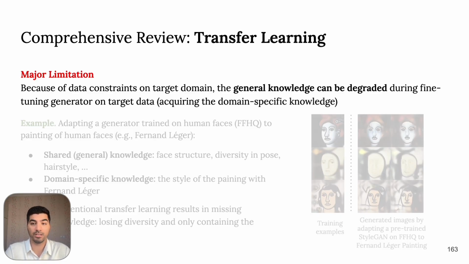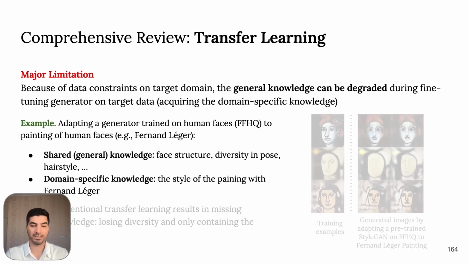The general knowledge can be degraded during fine-tuning because of overfitting. As an example, say we want to adapt a source generator trained on images of human faces, for example the FFHQ dataset, to paintings of human faces. In this scenario, what is the shared knowledge? Shared knowledge could be face structure, diversity in pose, hairstyle, and other things.